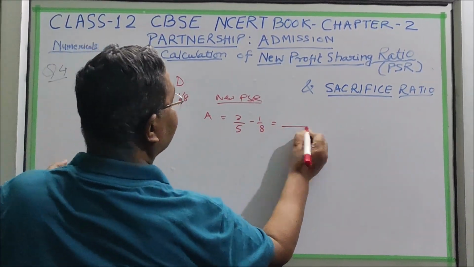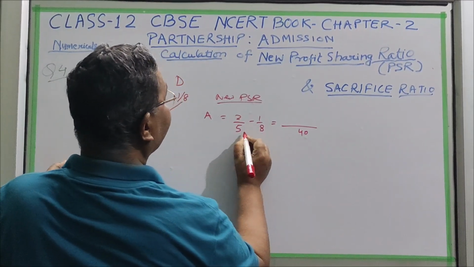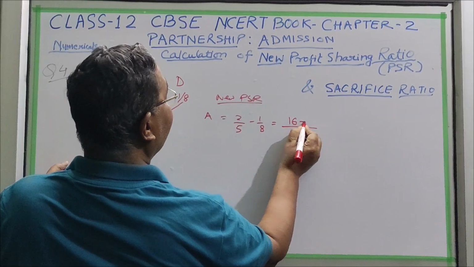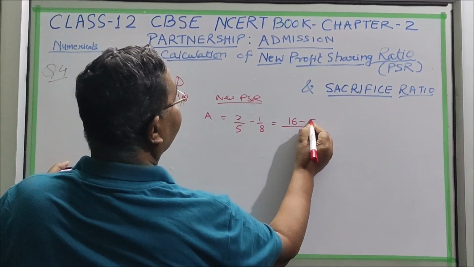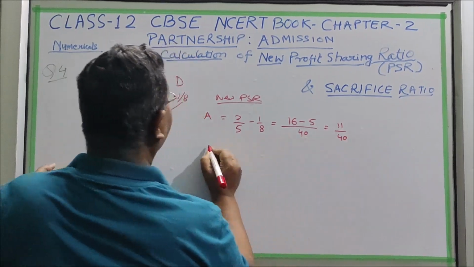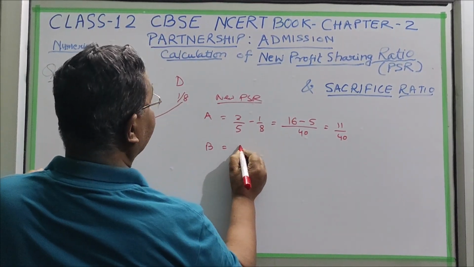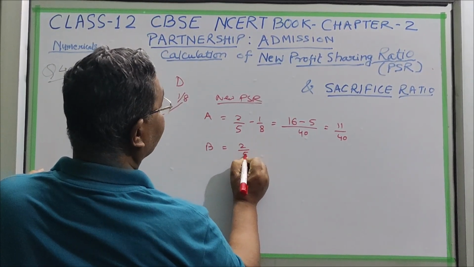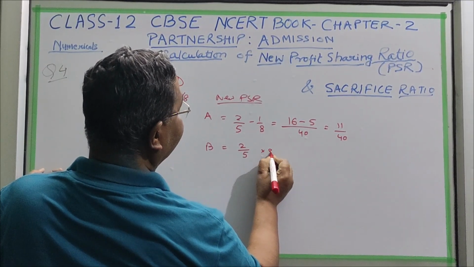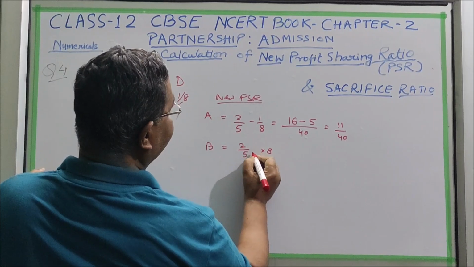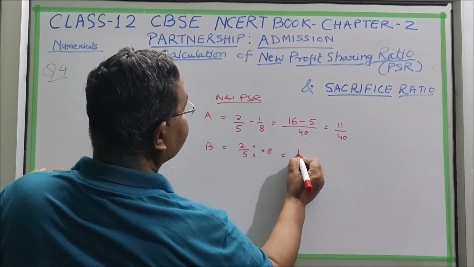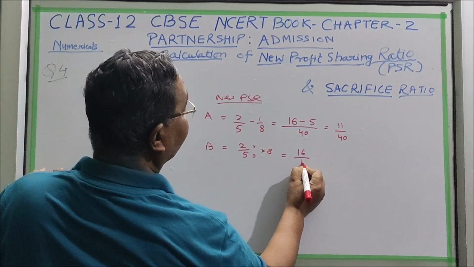So we will take the LCM, 40. 8 5s are 40, 8 2s are 16, minus 5 is equal to 11 upon 40. B's share will not change, it will be 2 upon 5. 2 upon 5 we will make into 40. How? We will multiply by 8 both sides, numerator and denominator, both sides we have to multiply. Equal to 16 upon 40.